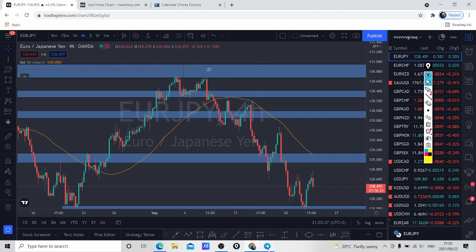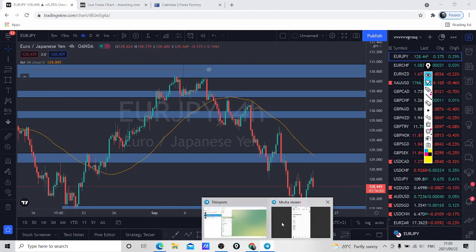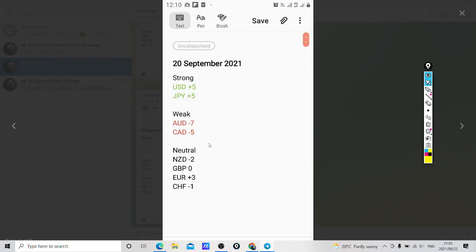So let's go back to the 10th of September. I'm expecting to see the euro being weak and the JPY being strong, or the one supposed to be neutral, but I'm expecting the other one to be aggressively moving into a certain direction.